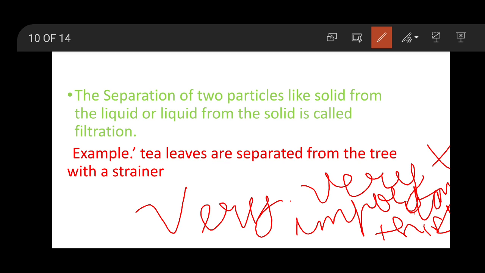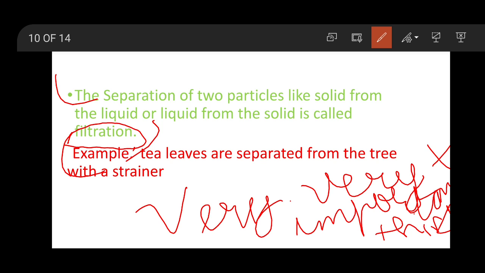That's filtration. See the definition. The separation of two components, like solid from the liquid or liquid from the solid, is called filtration.